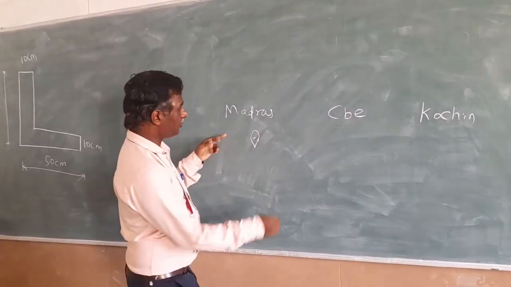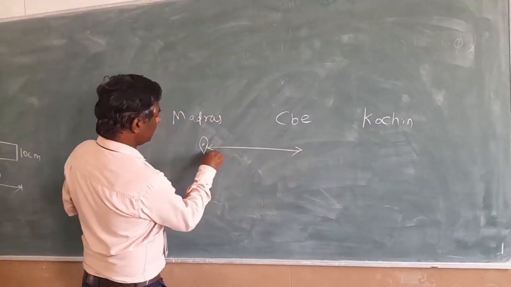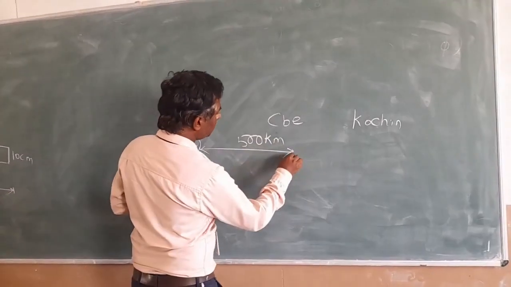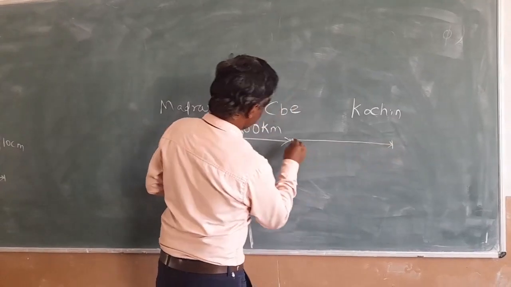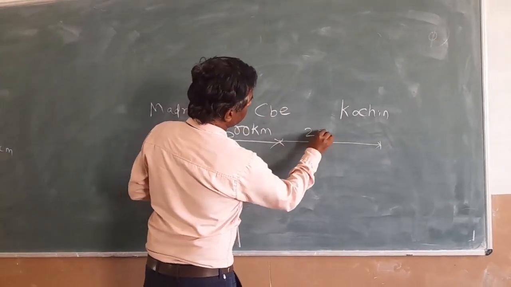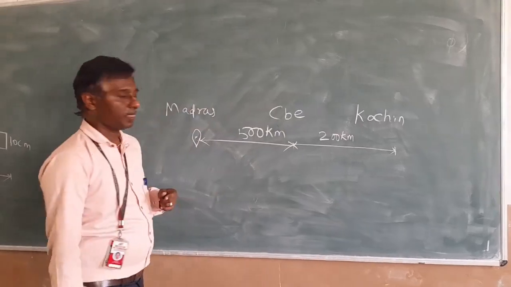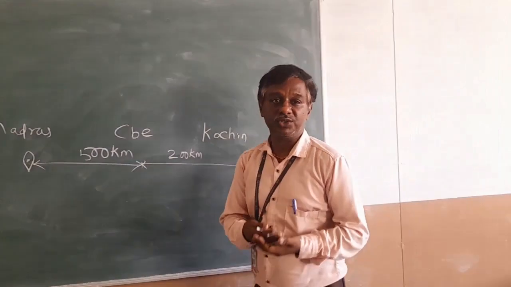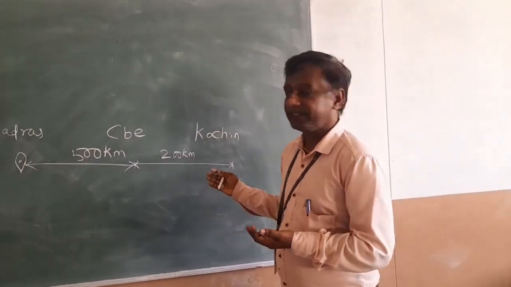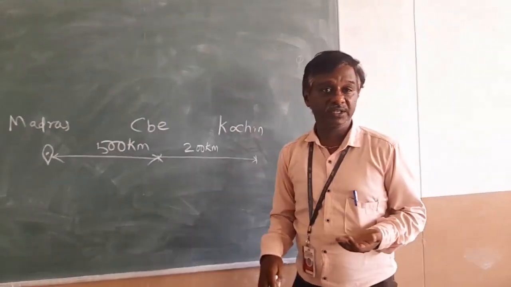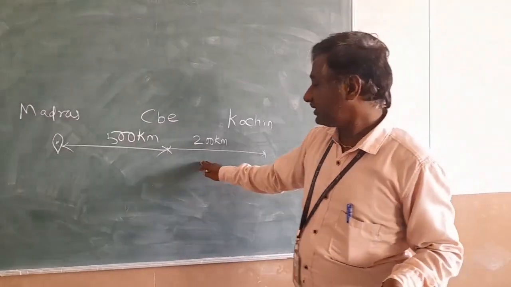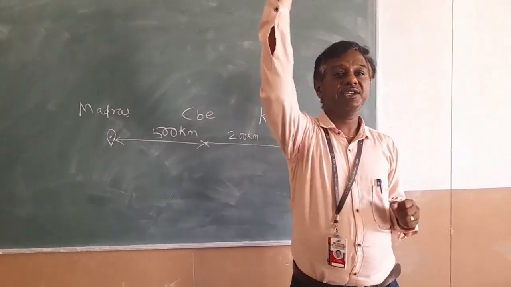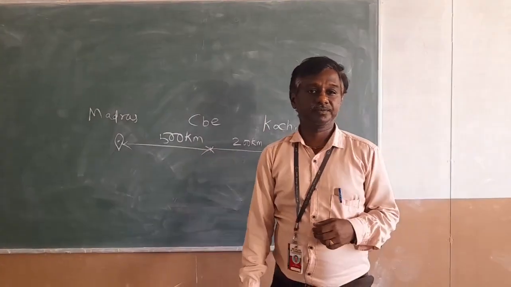From Madras to Coimbatore, let's take it as 500 kilometer, and from Coimbatore to Kochi it is 200 kilometer. So what is the distance from my location to Kochi? 500 plus 200 is equal to 700 kilometer. Now somebody in Coimbatore asks the same question.